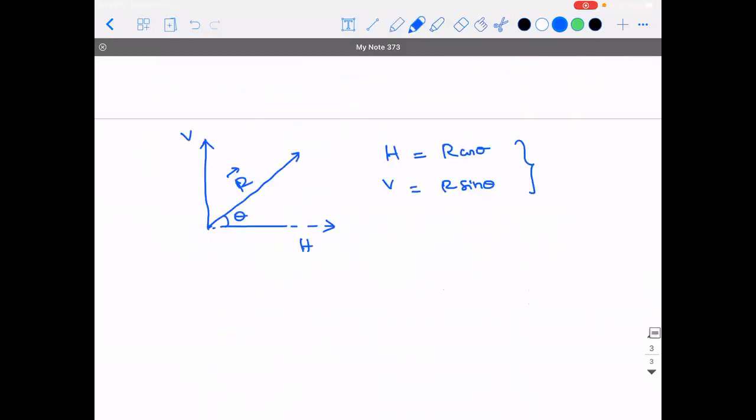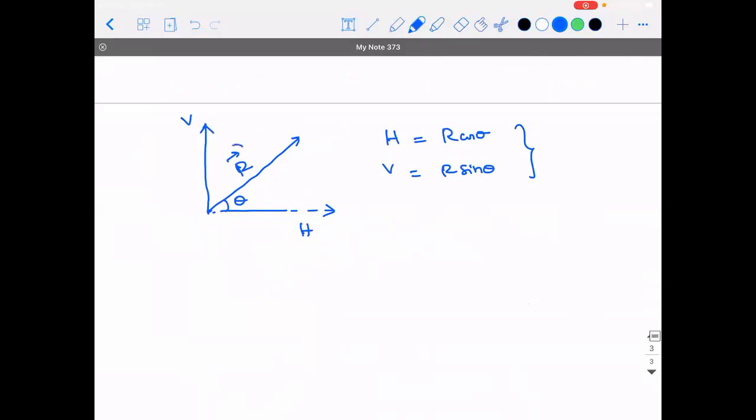So there is a direct method. If this is r vector and this is theta, whichever component is at the end of theta from the r vector, in the clockwise direction, this is the starting point and this is the end point of theta. There, the component will be cos and the other component will be sine.